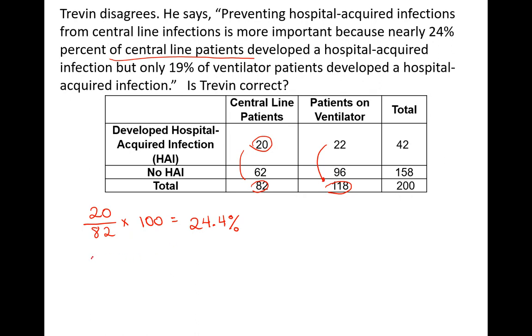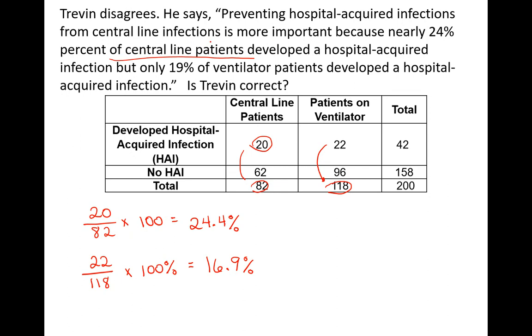So if I look at 22 out of 118 times 100%, I'm getting 16.9%. Now let me double check that because I'm getting different numbers than Trevor got.